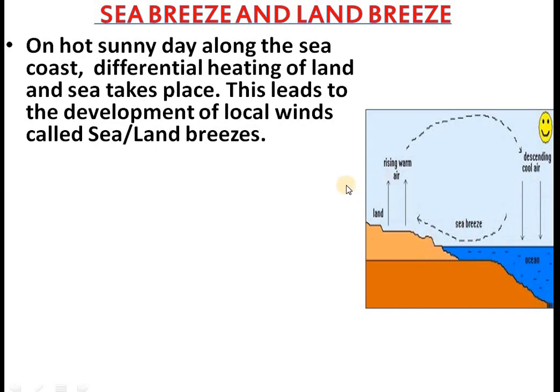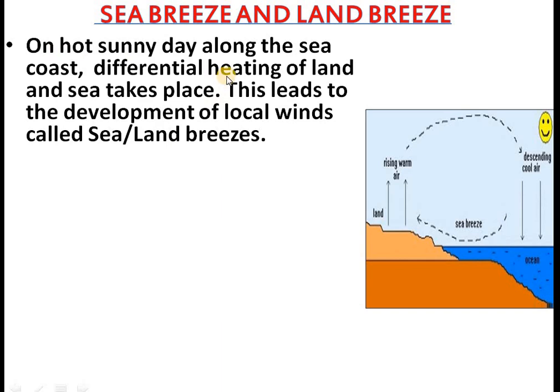During daytime, land gets easily heated up, whereas sea gets slowly heated up. As a result, on the land, air pressure decreases. So from the sea, where pressure is high, the wind blows to the land. So the wind which blows to the land from sea is called the sea breeze.